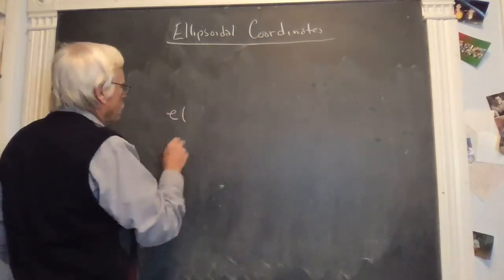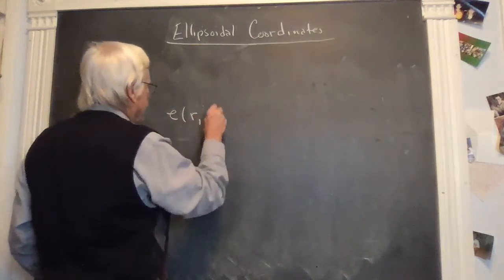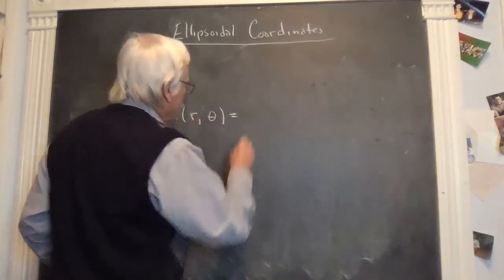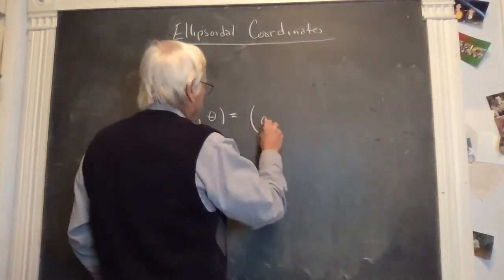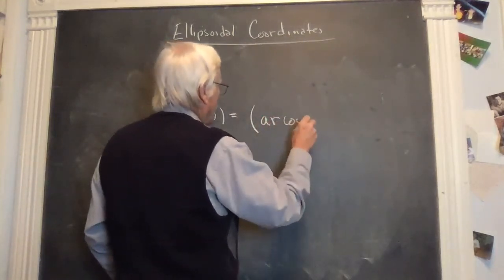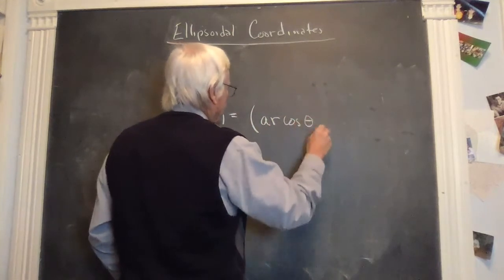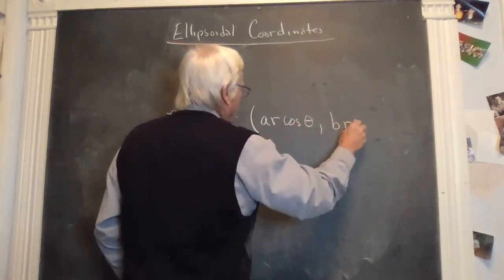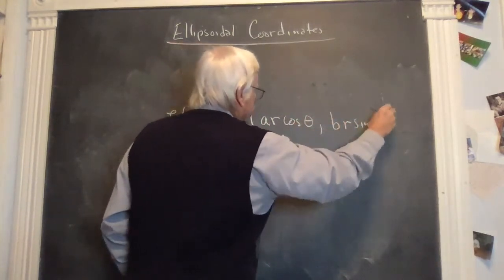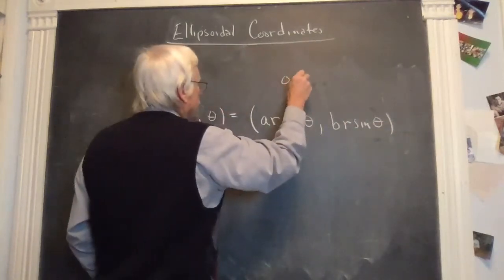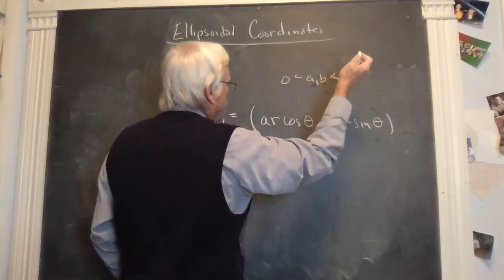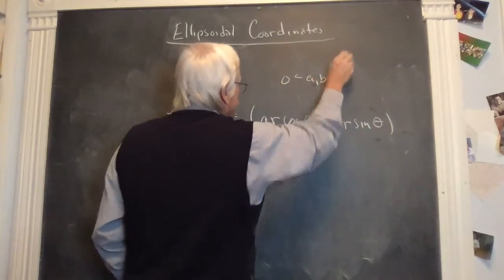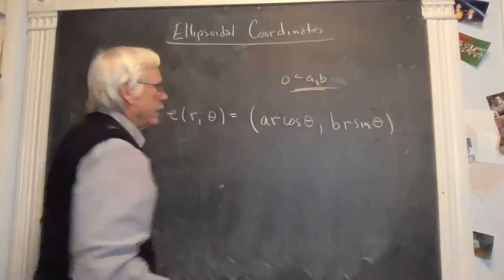So an elliptical coordinate system for r and theta in the plane has 2 radii. So it's got an a and a b, and it would be a r cosine theta, b r sine theta. And a and b are usually chosen to be positive. They don't have to be, but usually they are.